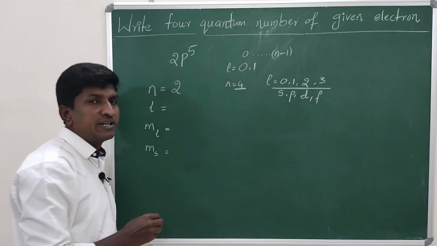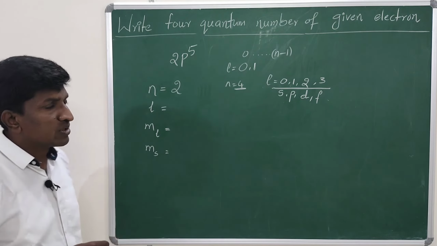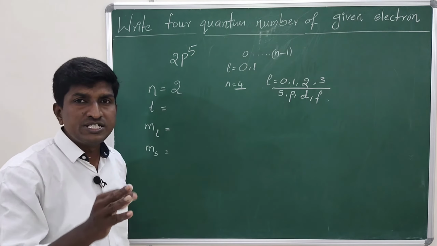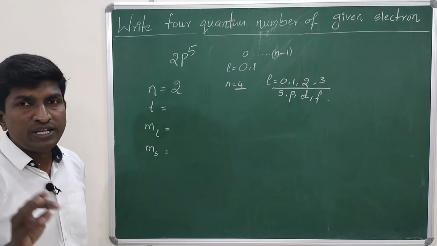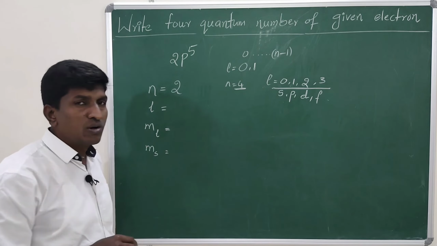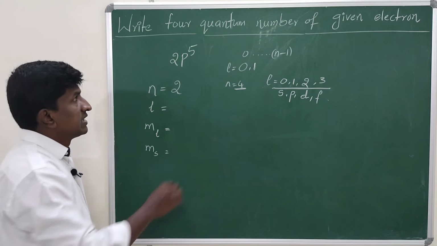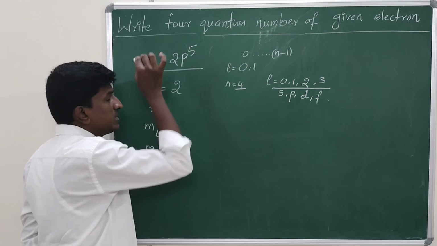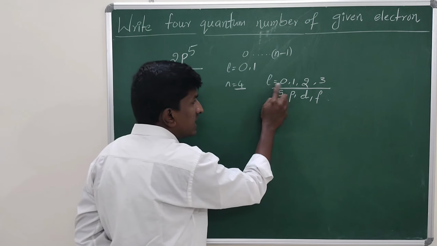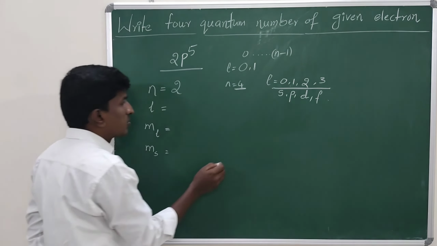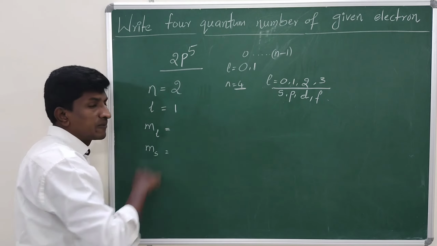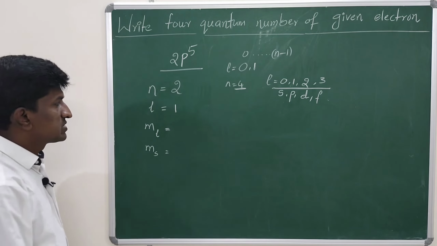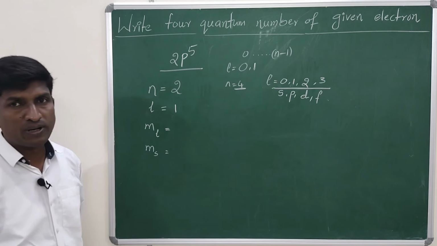So s, p, d, f. If L equals 4, the subshell is g. In this way, we need to take the angular momentum quantum number. Here, in the example, the given subshell is p. Then what is the L value for p? For the p orbital, it is 1. This is about the angular momentum quantum number.